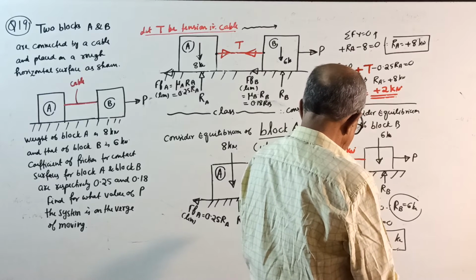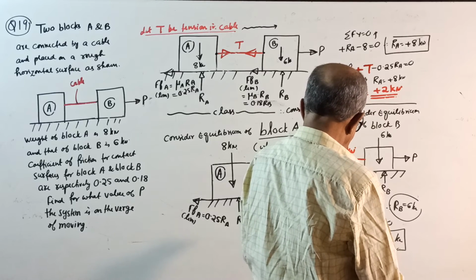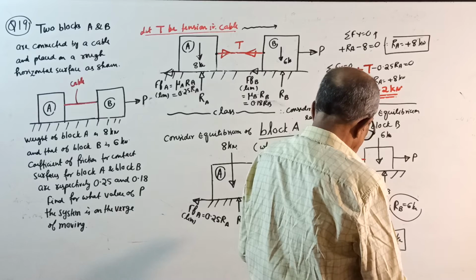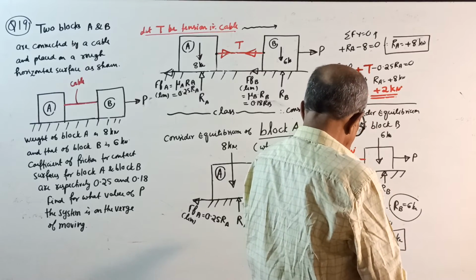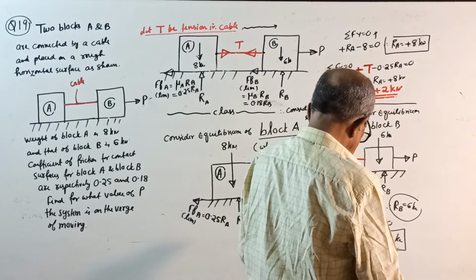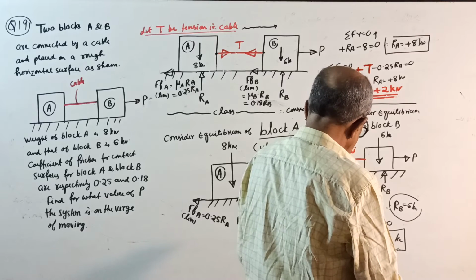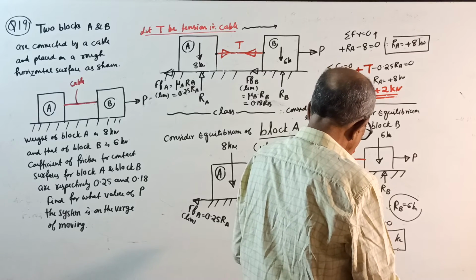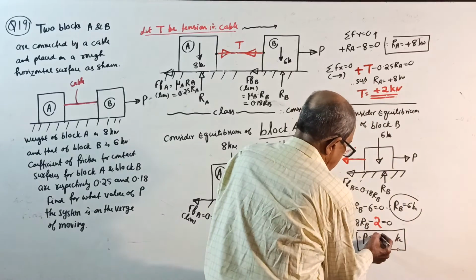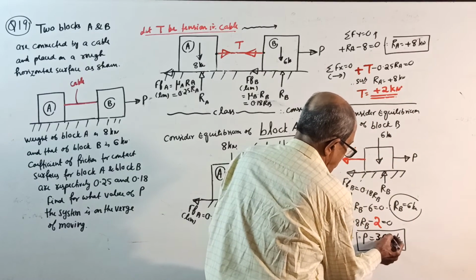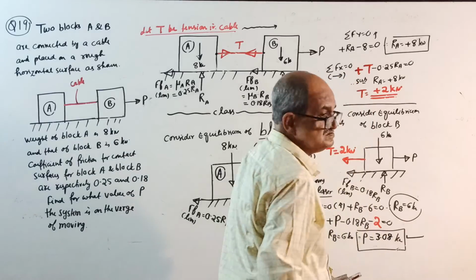Plus another 2 is 3.08 kilonewton. P will come 3.08 kilonewton, which is the answer.